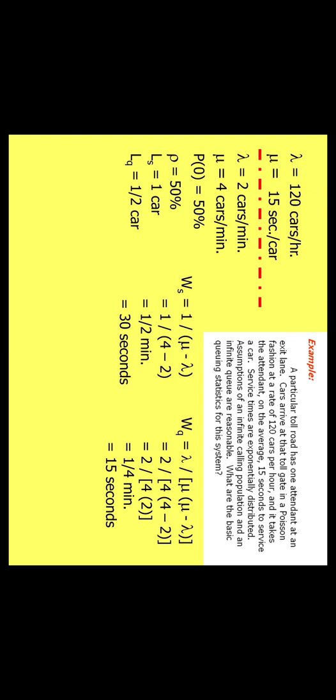So these are the values that you're going to derive when you use the basic single server model. They are still subject to interpretation depending on what is required by the decision maker.